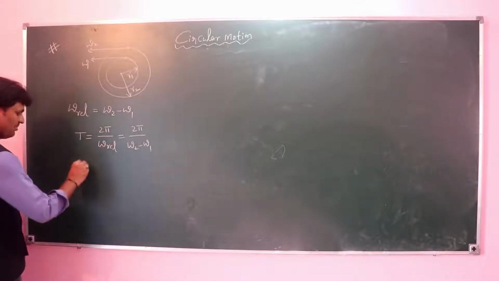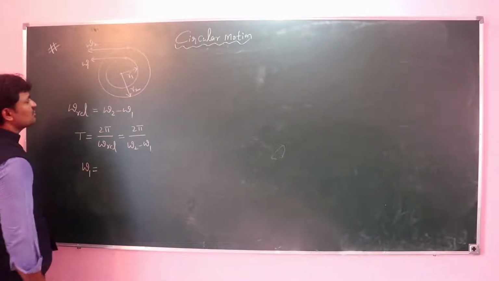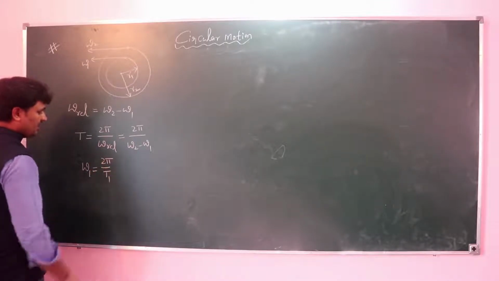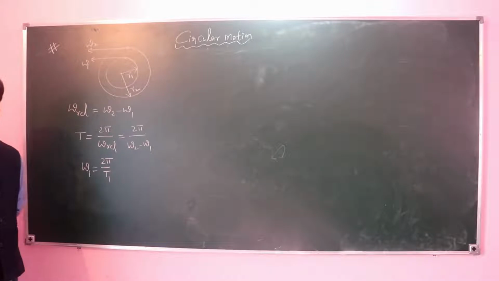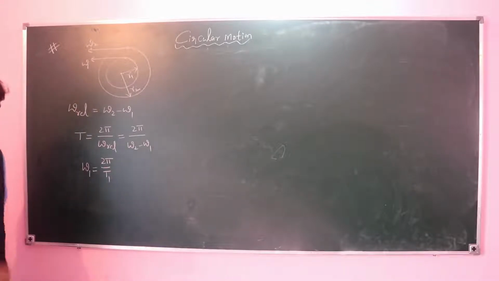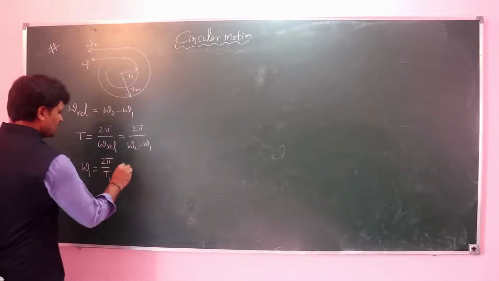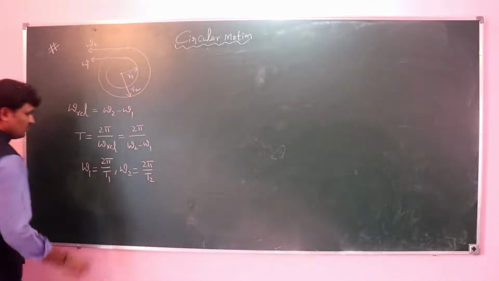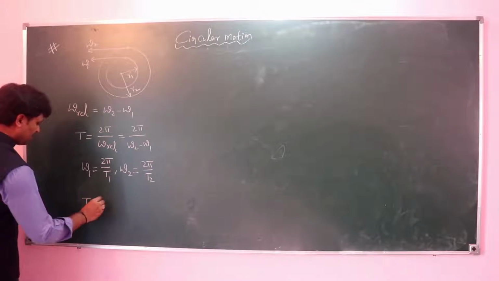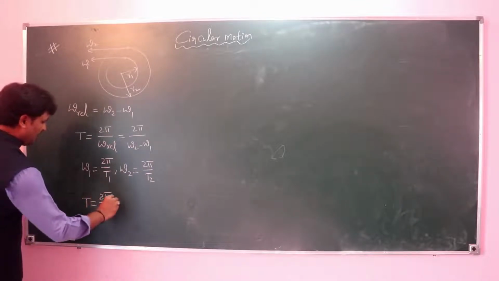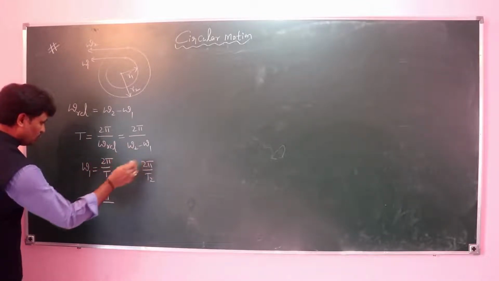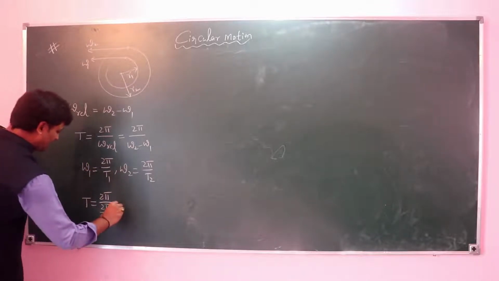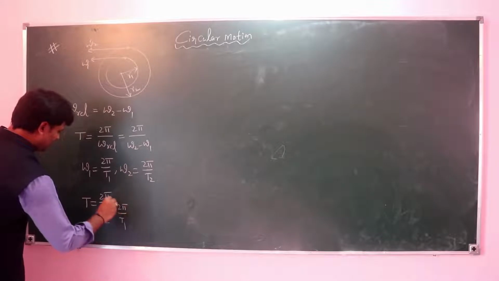What is the value of omega 1? Omega 1, the angular velocity of the first particle, is 2 pi upon t1, where t1 is the time taken by the first particle to complete one rotation. And the angular velocity of the second particle is 2 pi upon t2. Substituting both values, t is equal to 2 pi upon (2 pi by t2 minus 2 pi by t1).